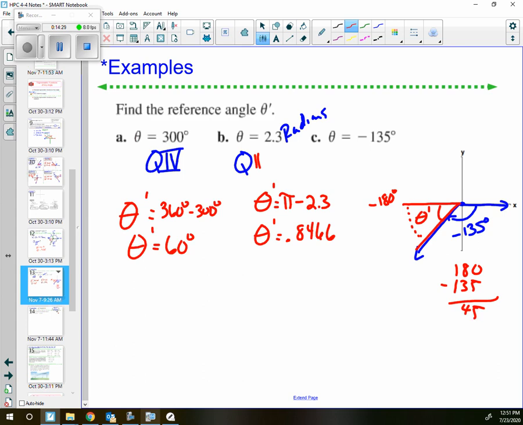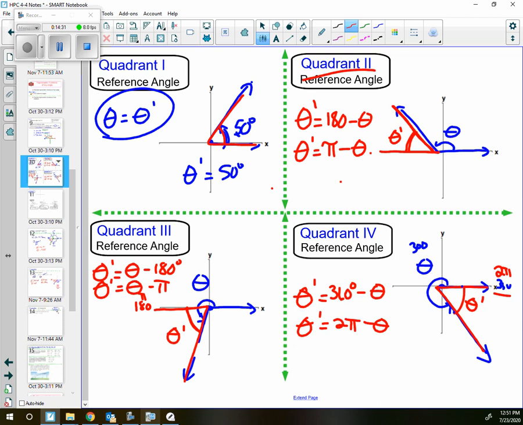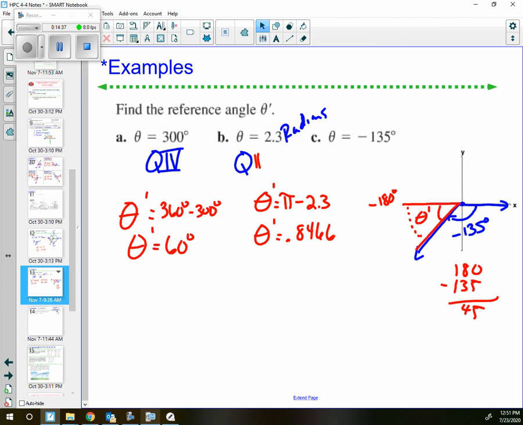If you want to use the formulas that we talked about, so we're in quadrant 3, you do need to have a positive angle. So what you would have to do is think coterminally for a second. Remember what coterminal means? Angles that end in the same place. Do you remember how to find them? Well, you add or subtract 360. Since I'm in the negative, I want to add 360. Go ahead and add 360 to negative 135. What is that the same as? 225 degrees.